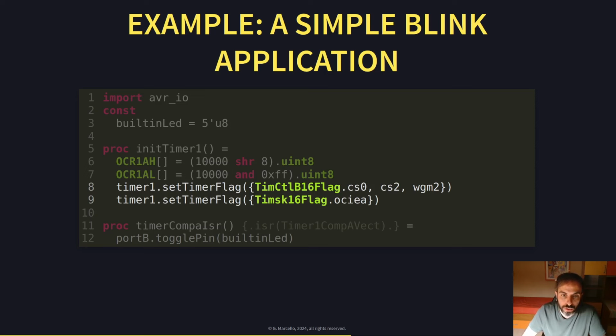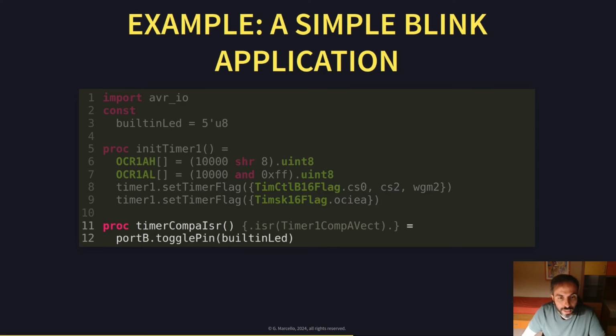And then we will also use the OCIEA flag to say that we're interested in the compare A vector timer interrupt. So then we can tie those two together by using the ISR macro with the TIMER1_COMPA_vect vector here. And you can see that it's just a simple procedure, this will toggle the pin, nothing special.